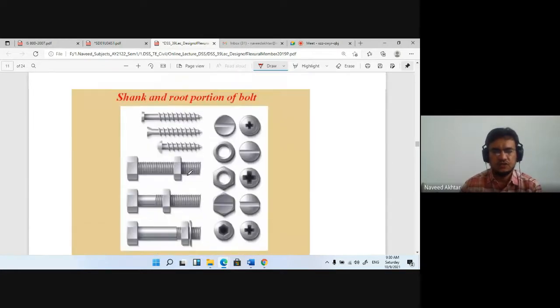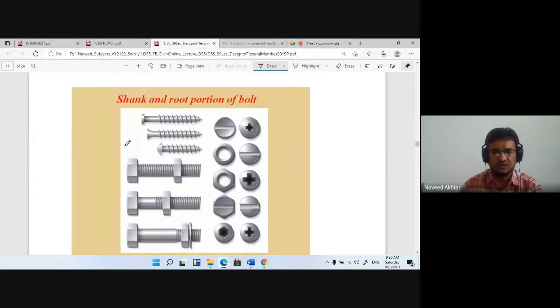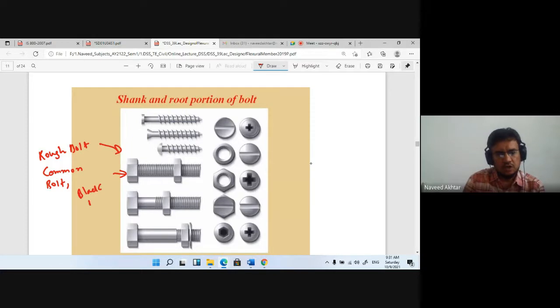And this we already covered in unit number 1, types of bolts. The common bolt is called a rough bolt, and it is also called a black bolt. These bolts are fully threaded.